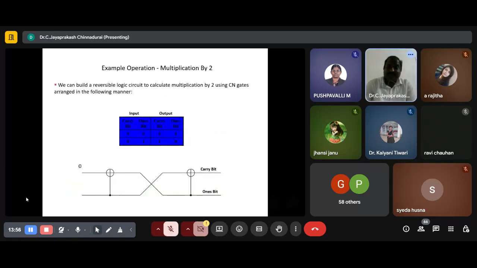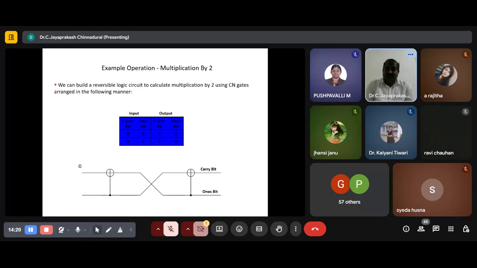Okay. Then if you go over to the next slide, the operation multiplication by 2. So we can build a reversible logic circuit to calculate the multiplication by 2 using CN gates, arranged in the following manner. Input is carry bit, ones bit. Output is carry bit and ones bit.